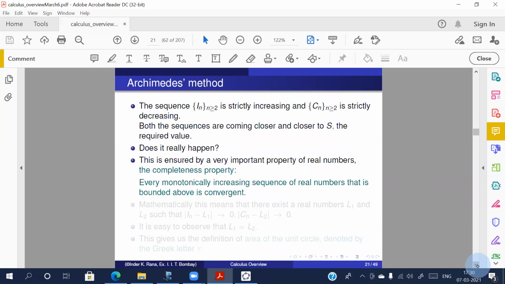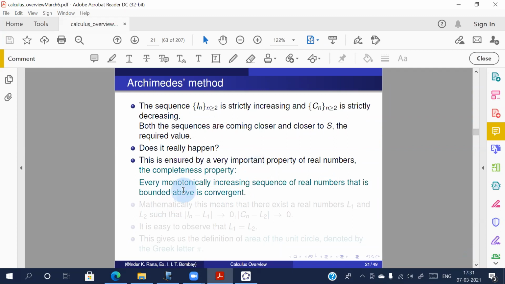Whether these approximations become better or not was finally settled in 1842 by defining the completeness property of real numbers, which we'll see again later, which says that every monotonically increasing sequence of real numbers that is bounded above is convergent. This requires the concept of sequences, increasing sequences, and limits.